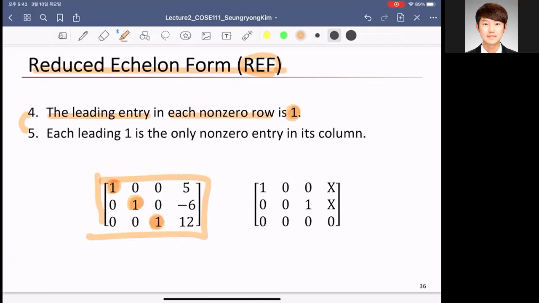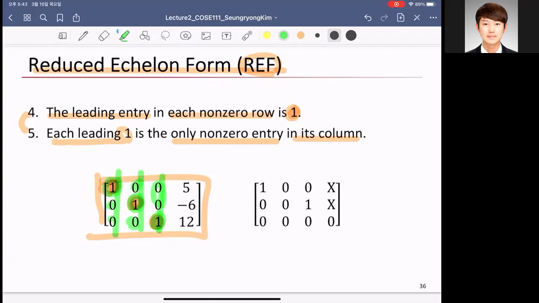Okay. And the second thing is that each leading 1 here is the only non-zero entry in its column. So as you can see here, in column 1, this leading entry is the only term that has a value. In the second column here, right? In the third column here, right? And the remaining parts are 0 values, right?